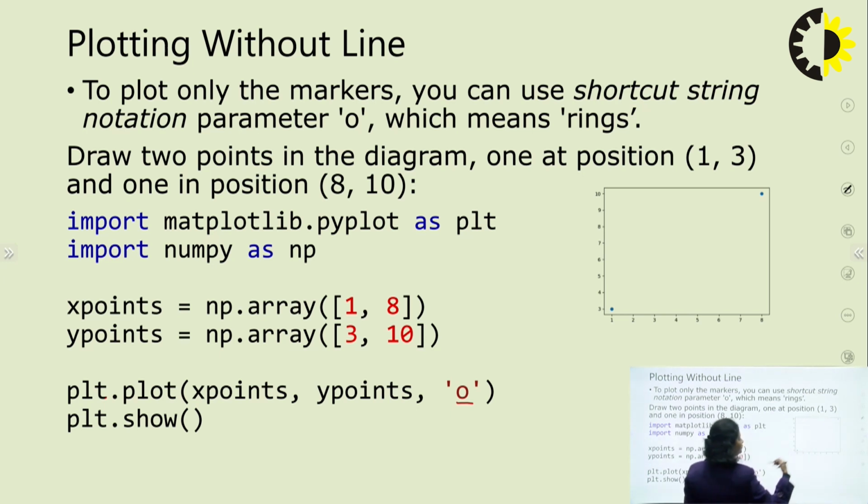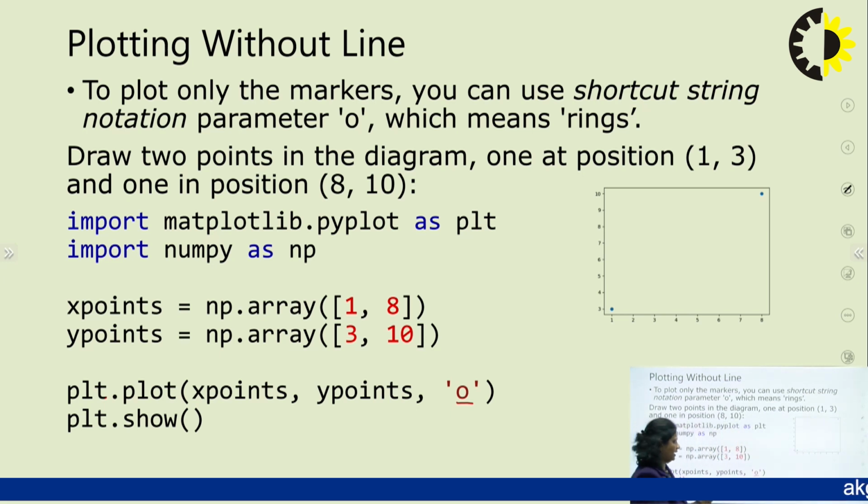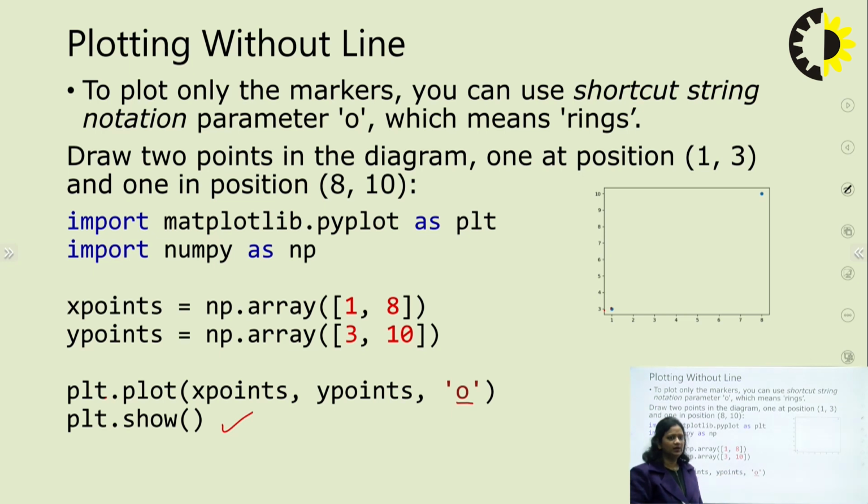We are not going to draw a line between these points. So we have to mention the marker that is O. So at the points 1, 3 and 8, 10, we are going to show a marker that is O. After that, plt.show to show that graph. So we are using this program for plotting without a line.